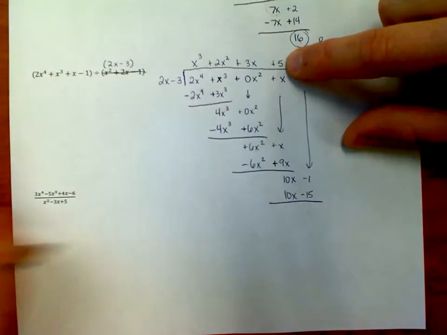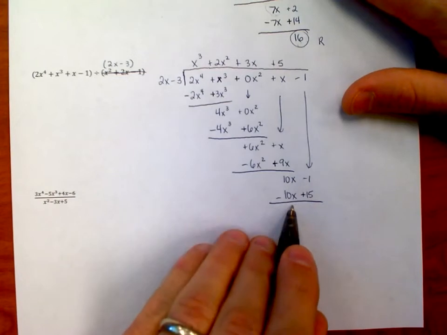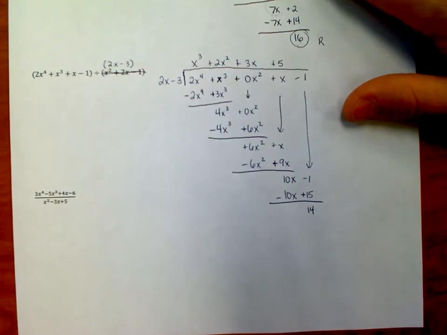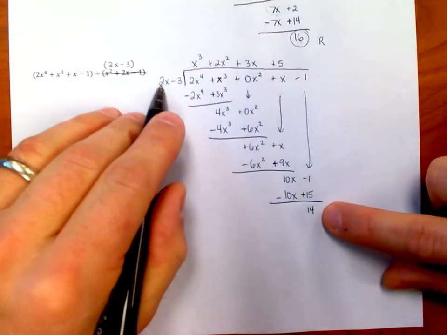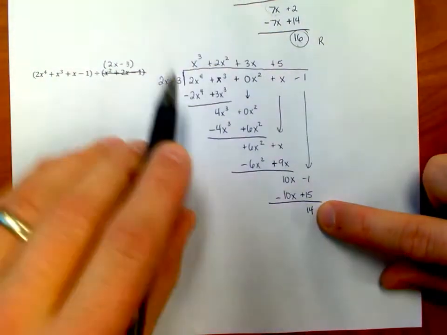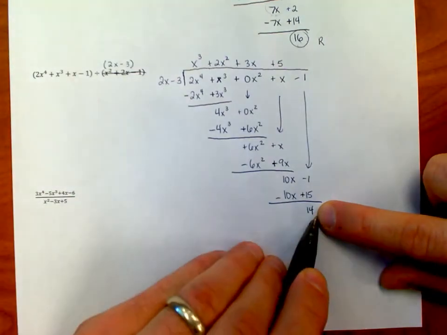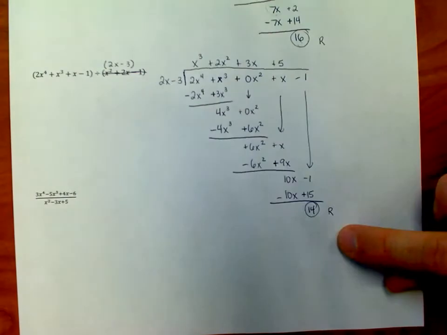Draw a line, flip the signs, and I add. These two add up to 0. 15 and negative 1 add up to 14. Nothing to drop, so I don't worry about that. Does 2x go into 14? Well, here I have an x, and here I don't have an x. That's a higher power of x than this, so I stop. I'm done.